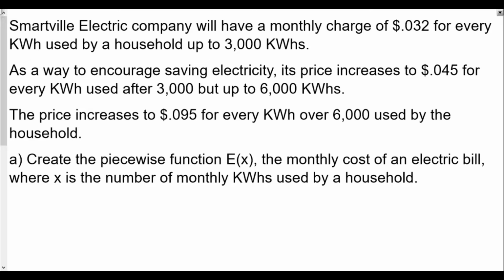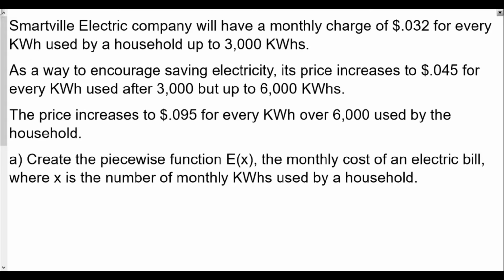And the price increases to $0.095 for every kilowatt hour over 6,000 used by the household. And so the cost of electricity is going to increase in stages if you're going to use more of it, to encourage people to save electricity, well, charge more.